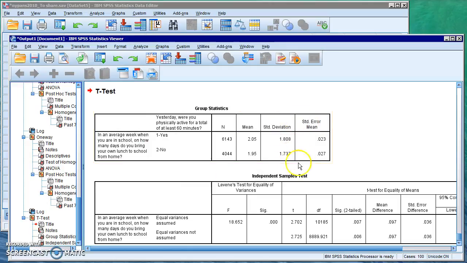And we can see the standard deviation, and the top actually has a greater standard deviation, but a smaller standard error.